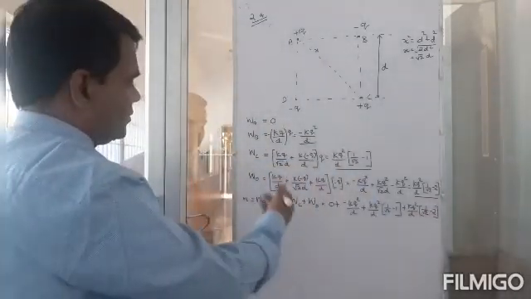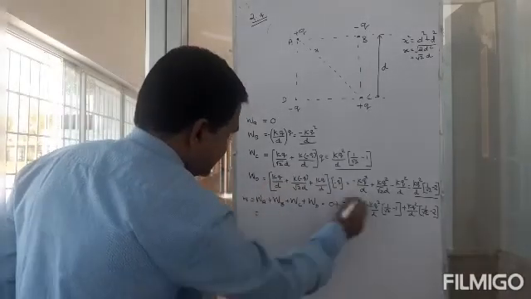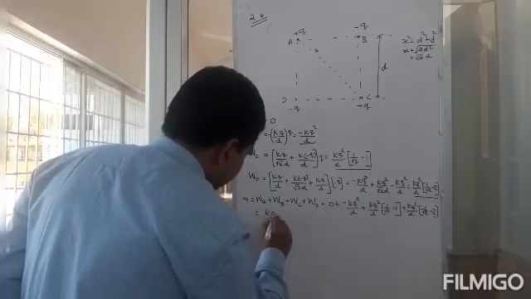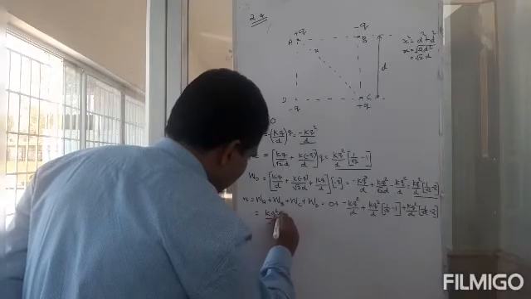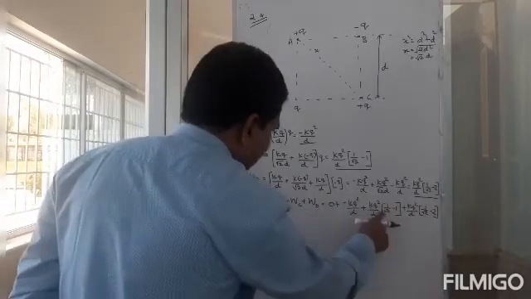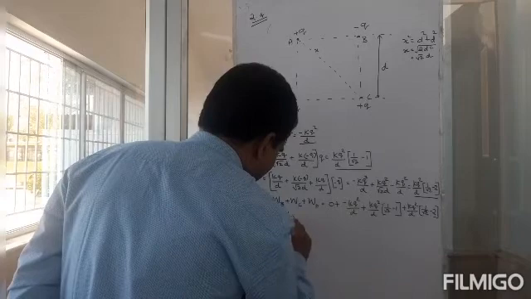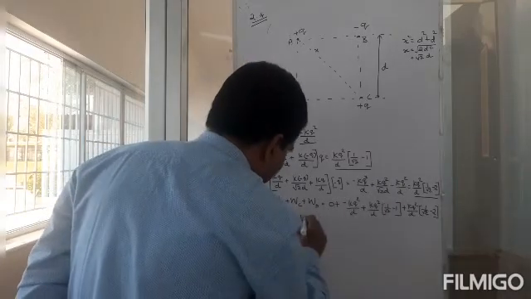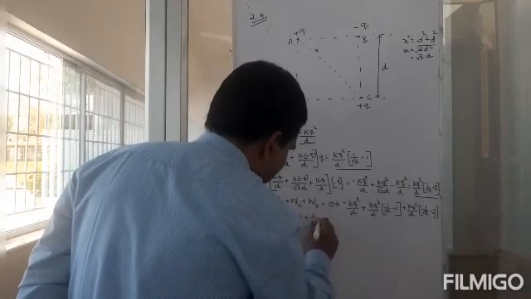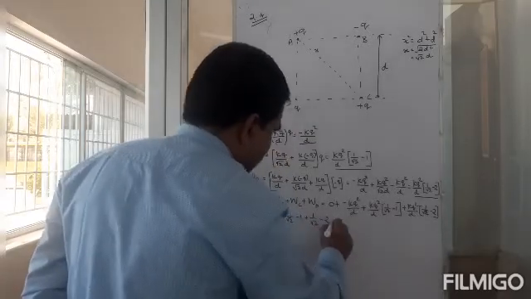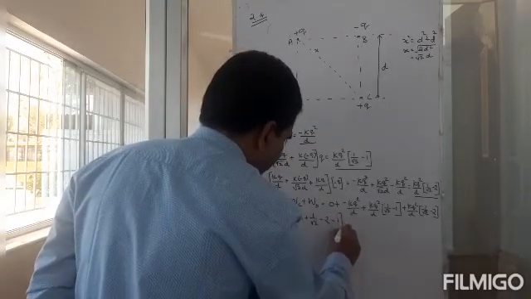Okay. So I can take kq squared by D out, and what do we get here? 1 by root 2 minus 1, plus 1 by root 2 minus 2, then minus 1.